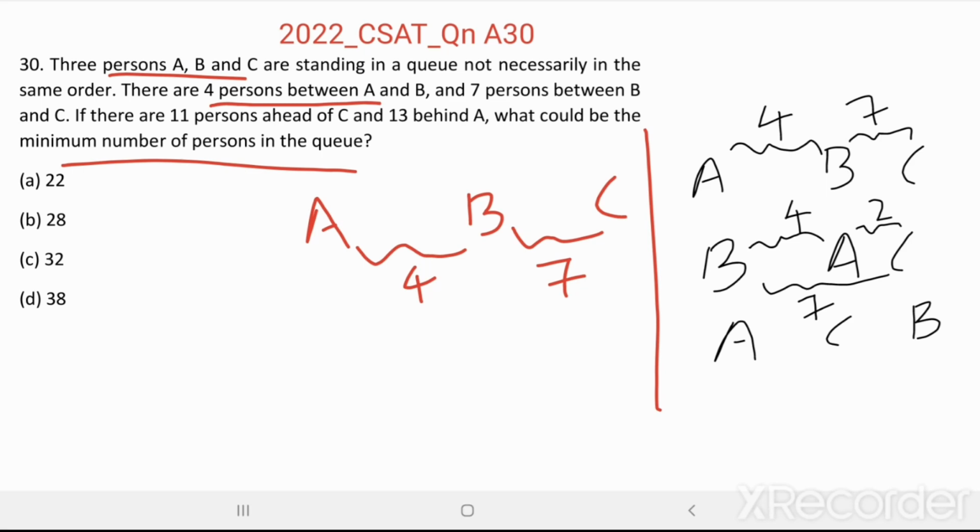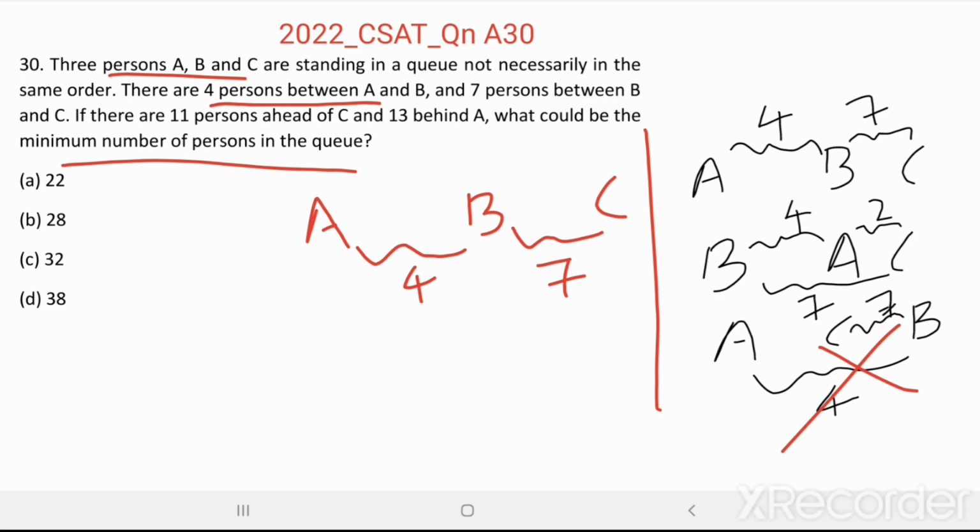Then the third arrangement, there are 4 between A and B and 7 between B and C. So in a linear arrangement, A, C, B is not possible. The third arrangement is not possible.